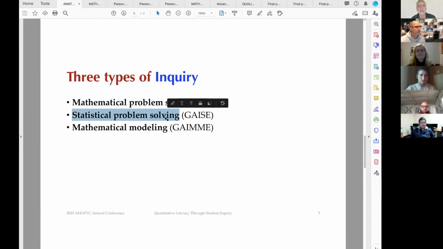Yes. And the third unit of the course is really about statistical problem solving, developing a plan for collecting the data and then carrying out that plan is a big part of it.